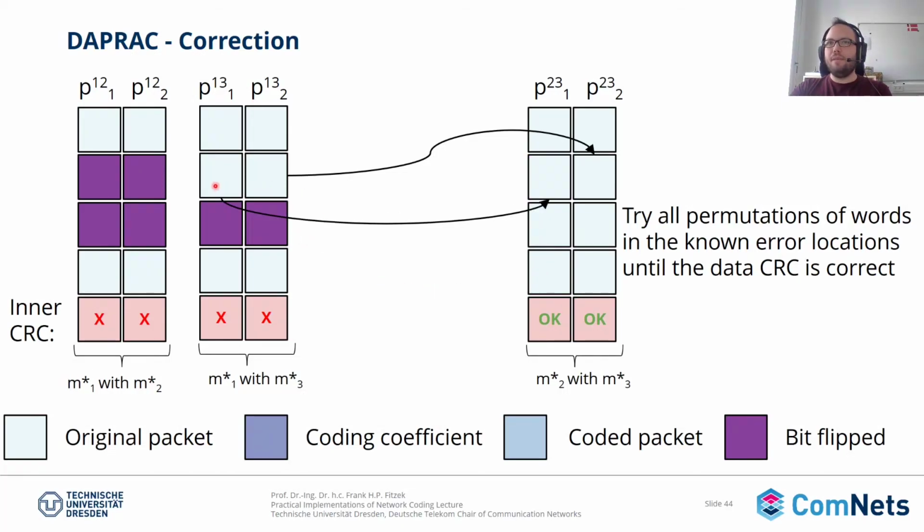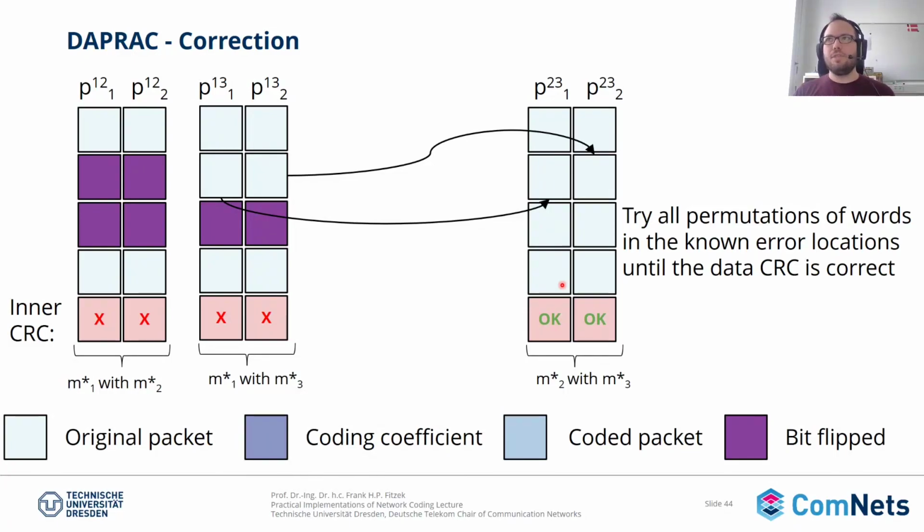The next step then would be to move this symbol here, for instance, to try that. And then we see, in this case, we compute the CRC and this matches. So now we just have to discard this inner CRC that we added, and we have our data decoded.